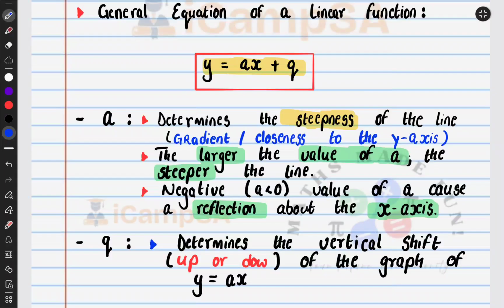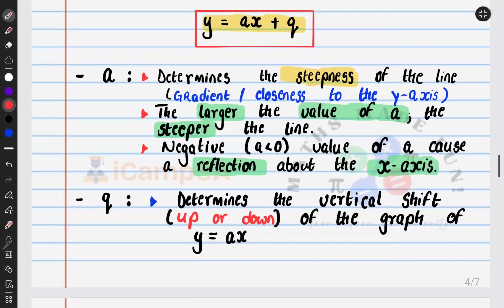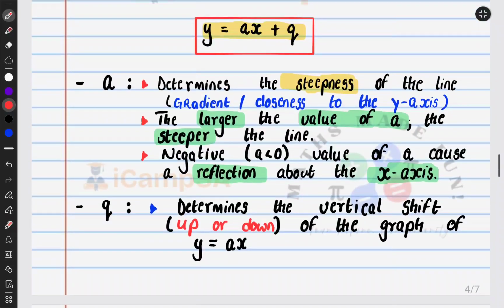When we introduce q, or q in simple way, it determines the vertical shift up or down of the graph of y is equal to ax. Here we simply assumed that the variable a has already been introduced.